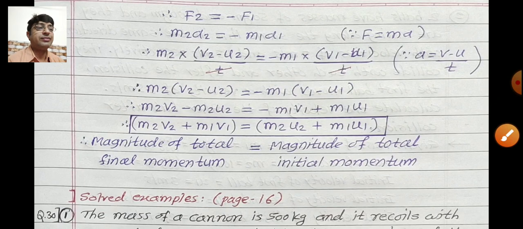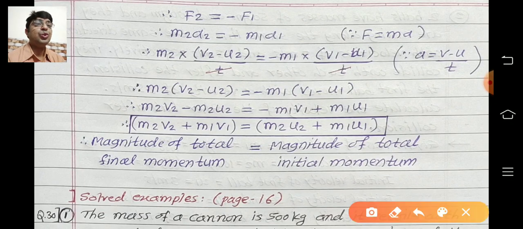So we get the formula: m2 v2 on the right hand side, and minus m1 v1 taken to the left hand side becomes plus m1 v1. The minus term m2 u2, taken to this side, becomes plus m2 u2 plus m1 v1.